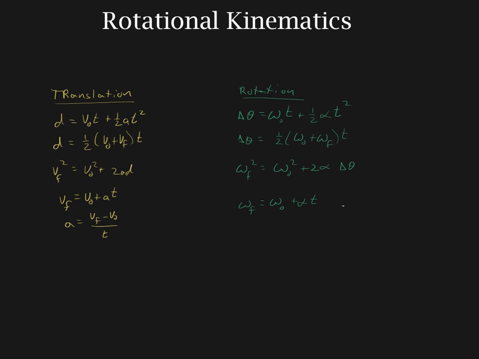So you can see that there's really not any difference in how the calculations work. Now, the one thing you just want to keep in mind is that all of these equations are only valid if the acceleration is constant. So the acceleration must be constant.